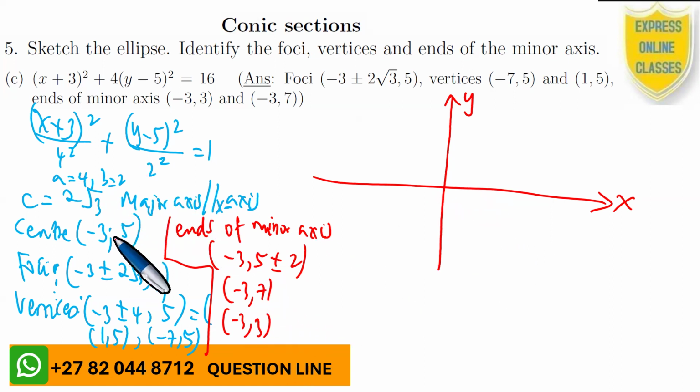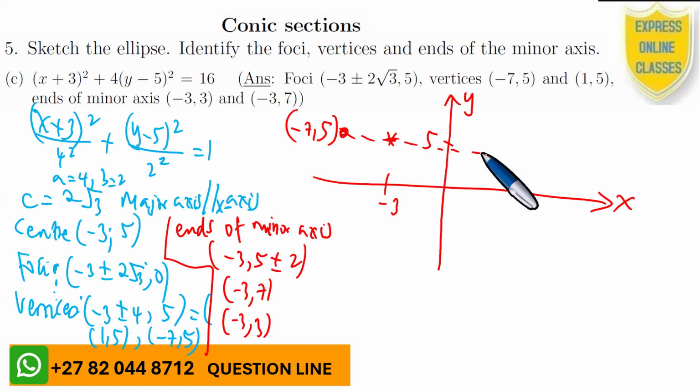So the center, x is minus 3, y is 5. Which means that the vertices would be minus 7, 5 and also 1, 5.